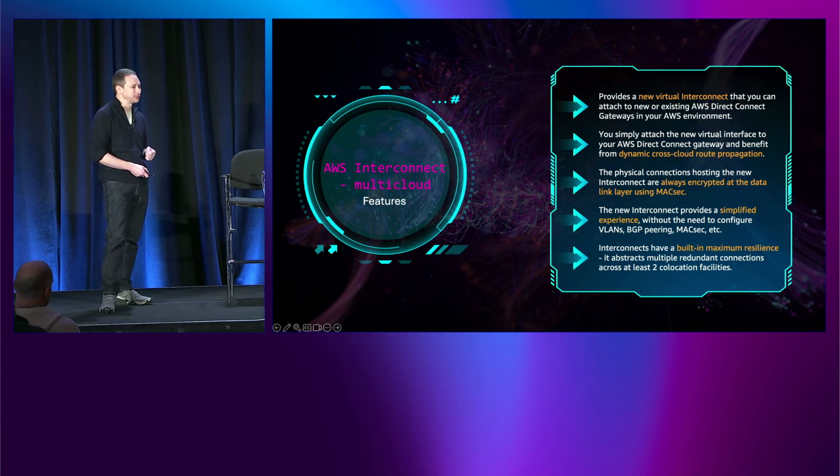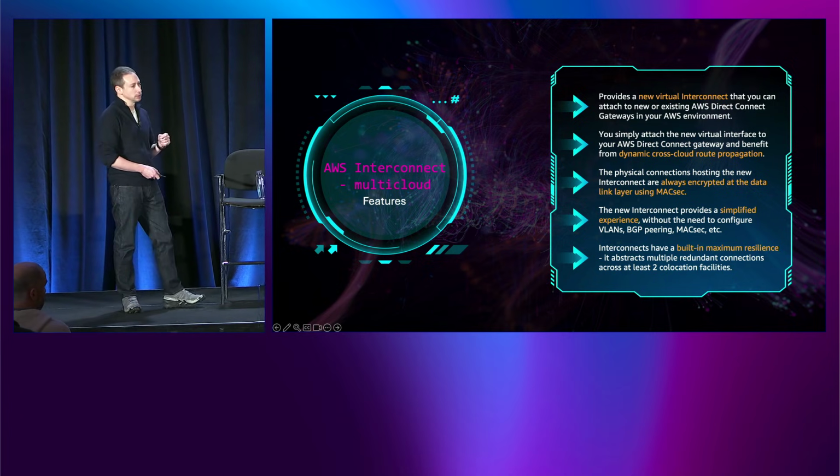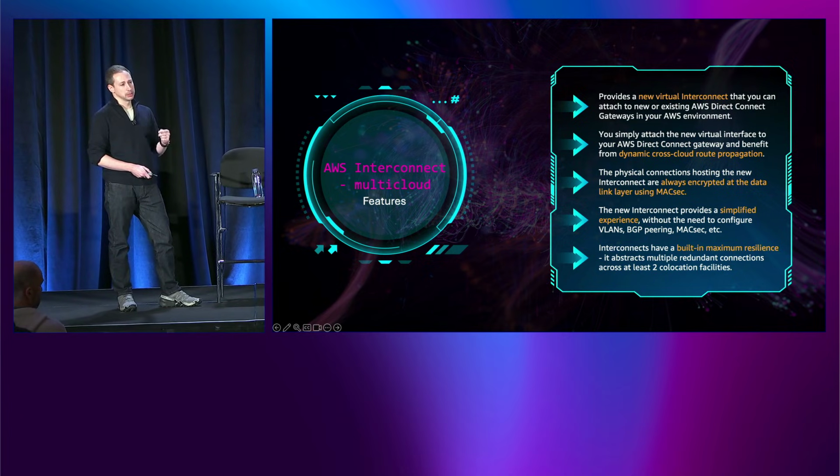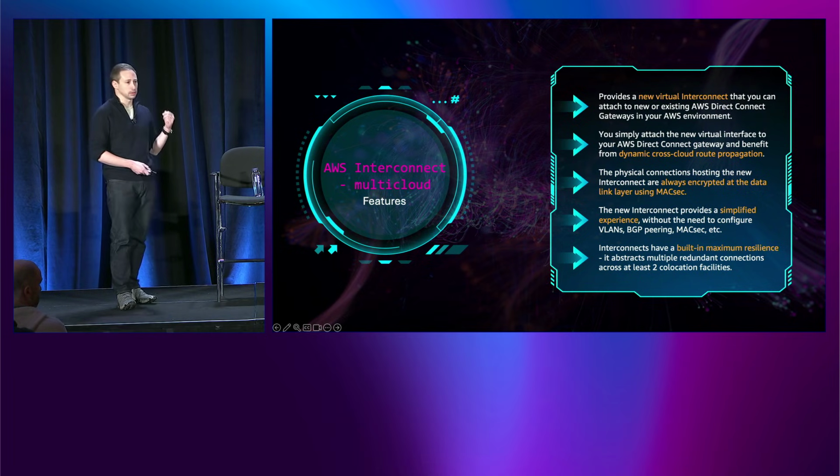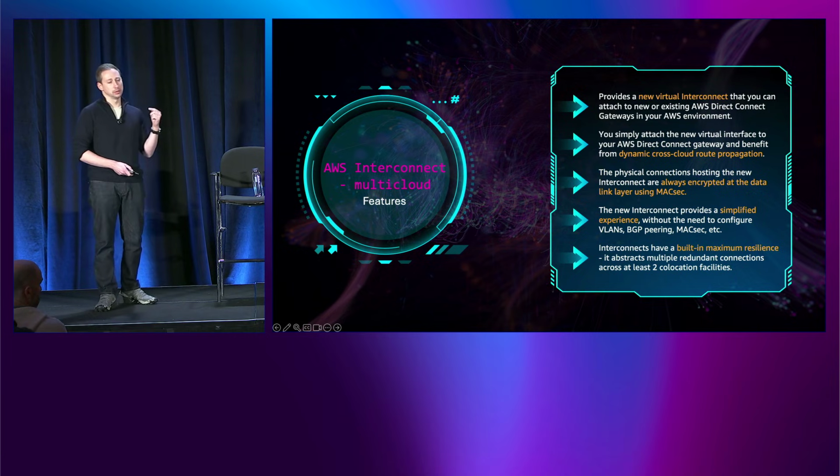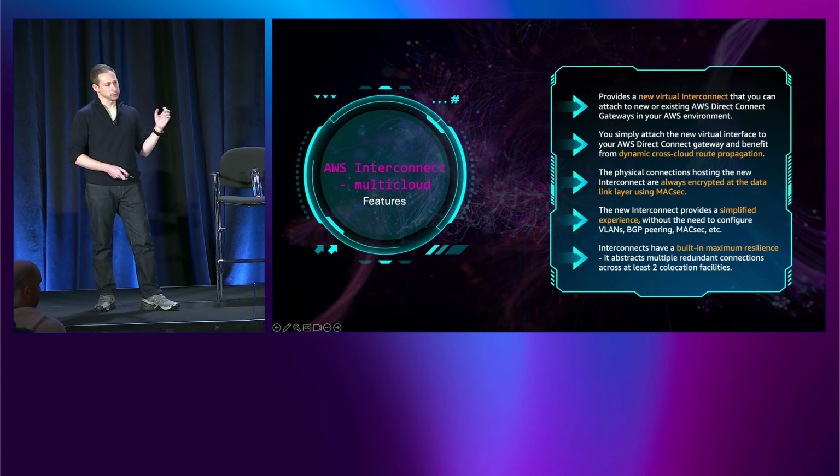But the mode is that the link doesn't come up if the MACsec session is not up. Another way of saying that is if you don't have encryption going, you cannot transmit customer data. So you can be assured now that any data you are pushing through this new service between AWS and Google will be traveling encrypted links. That's very important.